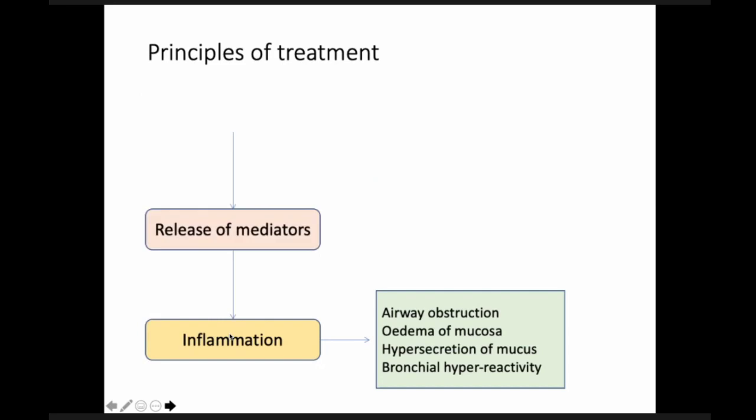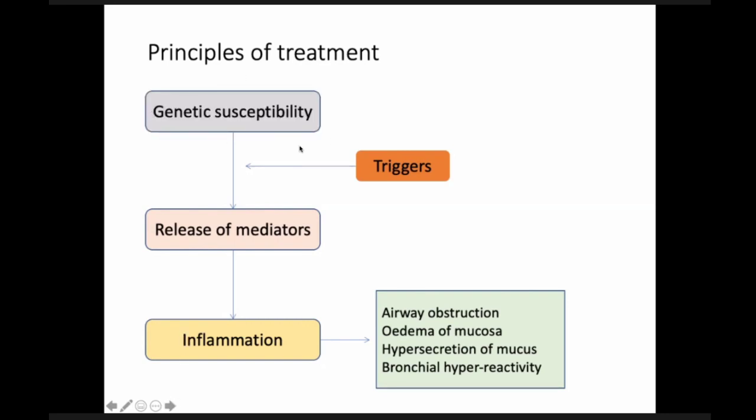So we might be able to attack at this stage of inflammation, or we may be able to counteract the release of the mediators. Of course, if you can identify the triggers, you can avoid exposure to triggers as much as possible. But here, there's nothing at present we can do about the genetic susceptibility.